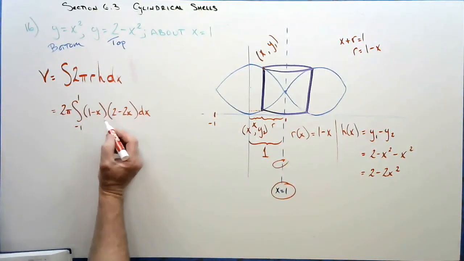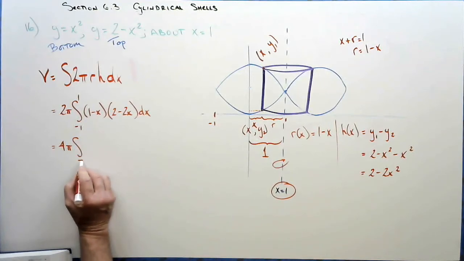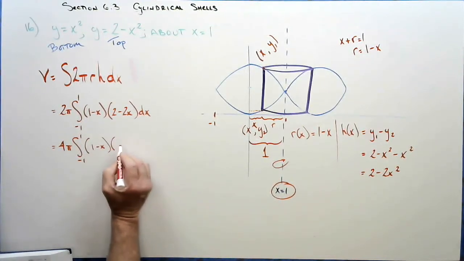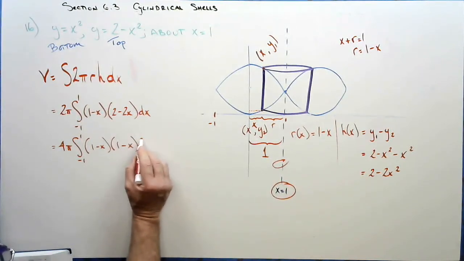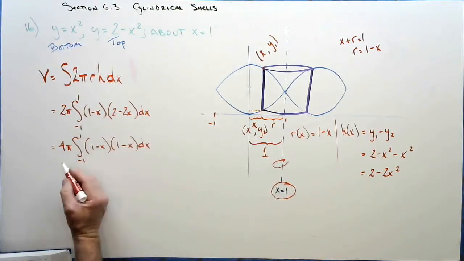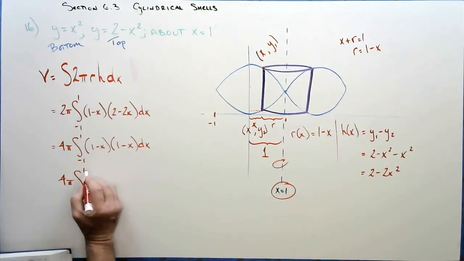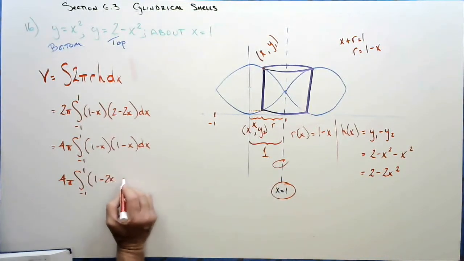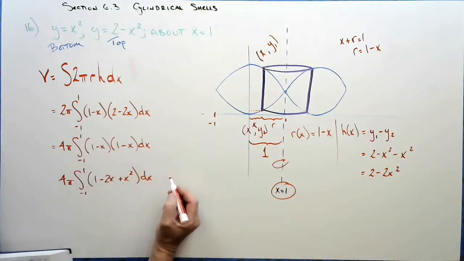So we could factor a 2 out, right? We could factor a 2 out, make that 4 pi, integral from -1 to 1, 1 minus x. This is also, as it turns out, 1 minus x when I factor out that 2. And now I'm going to just FOIL. That's going to be 1 minus 2x plus x squared, just FOILing.